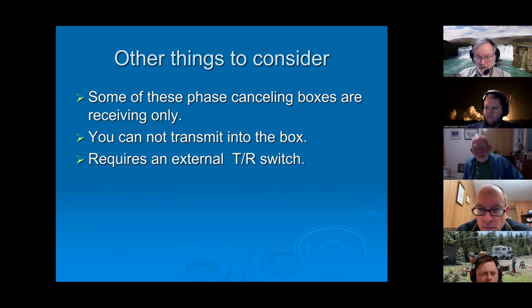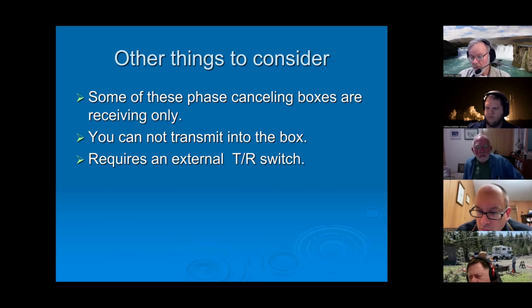What you need is a transmit receive switch, which will take the coax and loop around that box and connect your main antenna to your transceiver so you can transmit. Your TR switch will sense when you're in transmission mode and when you're in receive mode, or otherwise you just burn up a bunch of really nice electronics in the receive only box.